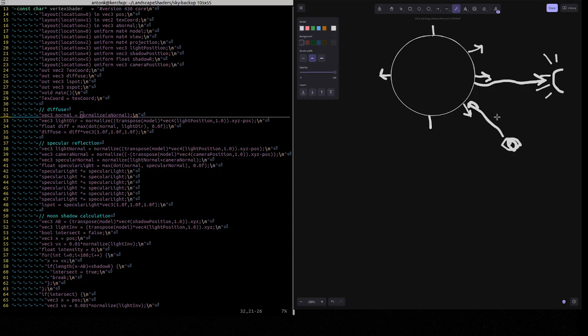Okay, specular reflection. Essentially we want to take the average normal between this vector, the vector from the center of the sphere to the eye, which is called our camera normal, and this vector, which is called our light normal.